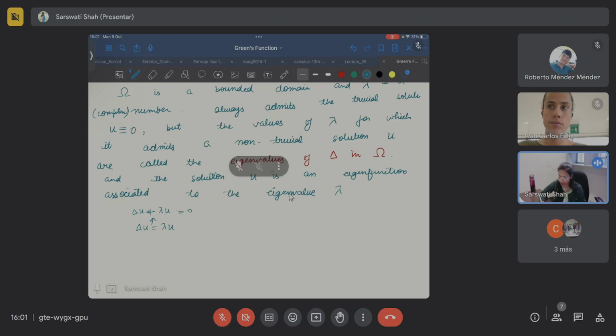You don't need to worry about that, because this eigenvalue and eigenfunction problem will be very helpful when we have a Poisson equation, or an equation of the form delta u equals a of u, or a heat equation. In those cases, this eigenvalue and eigenfunction method is going to be very helpful.